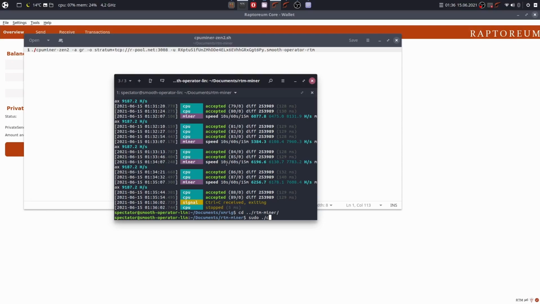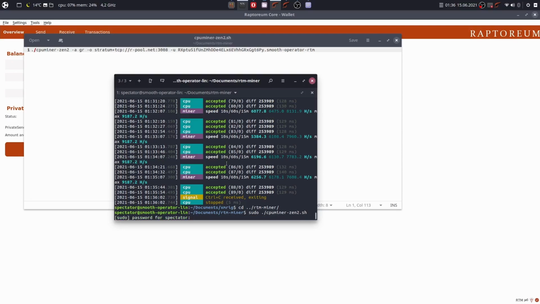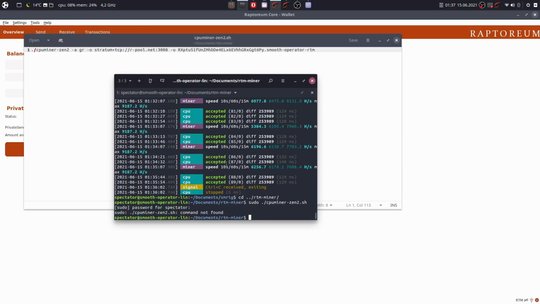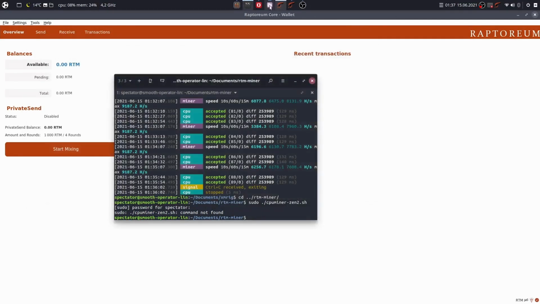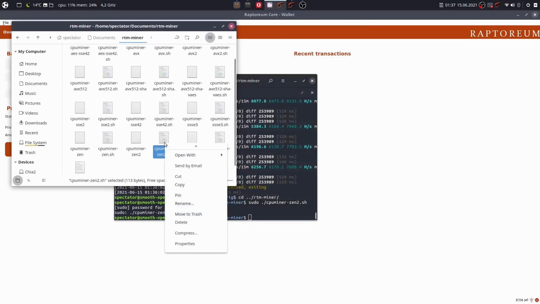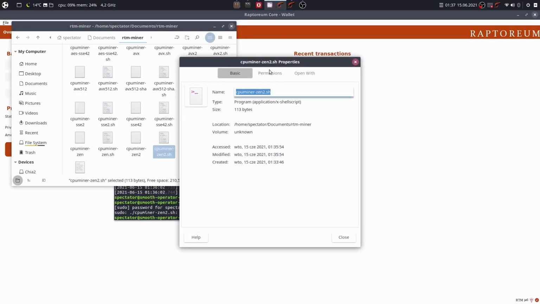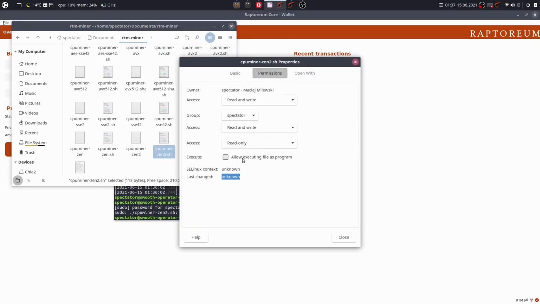Okay, so CPU miner Zen 2 .sh. Okay, let's check it. What's going on? Properties, permissions, allow executing file as a program.